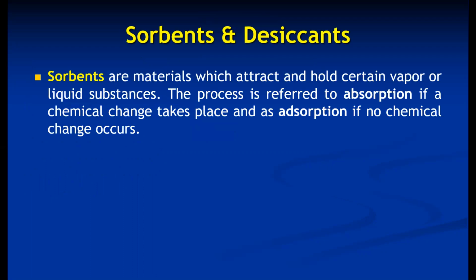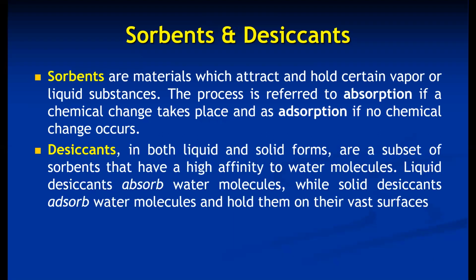The sorbents and desiccants. Sorbents are the material which have affinity to absorb any vapor or liquid substances. The process is referred to absorption if the chemical change takes place, and adsorption if no chemical change takes place. Desiccants are generally available in liquid and solid forms.